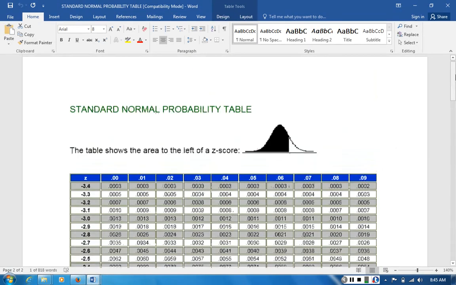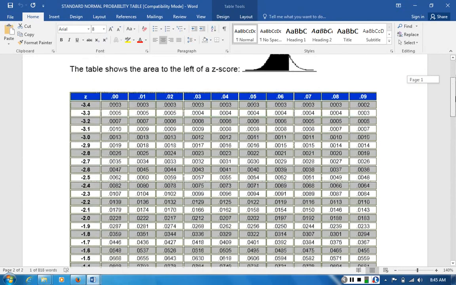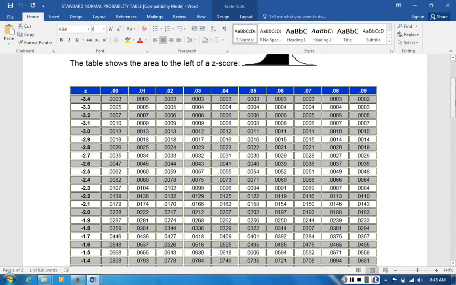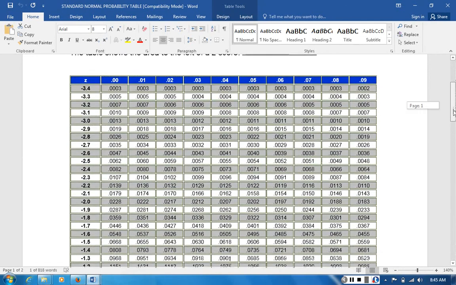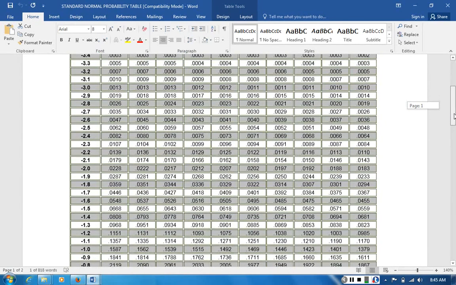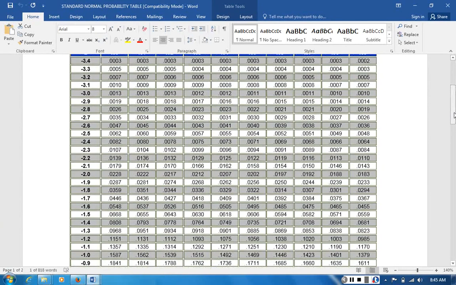So going to the negative side, going down that first column, looking for my jump of 0.12 here. So 0.125 is somewhere between 0.115 and 0.135. Find the closest thing I can. I find a 0.1251.